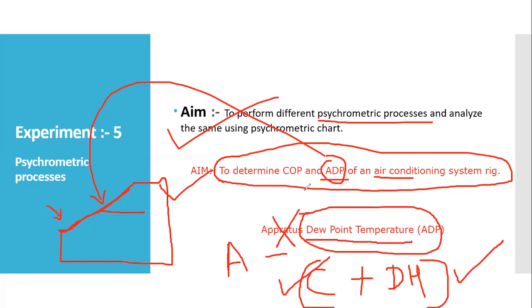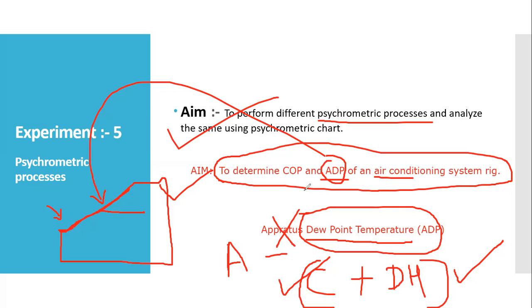There are three names of this ADP. The first one is ADP itself, apparatus dew point temperature. The second is cooling coil temperature, and the third is evaporative coil temperature. So just keep these three names in mind.